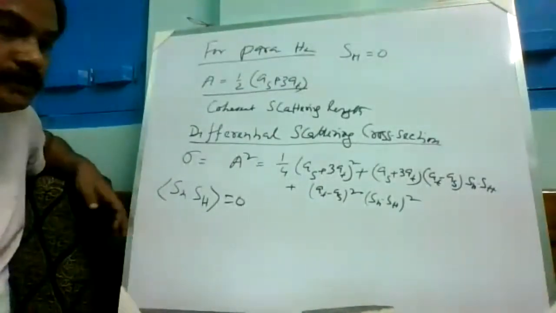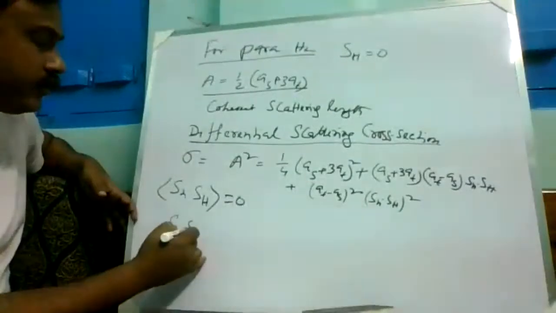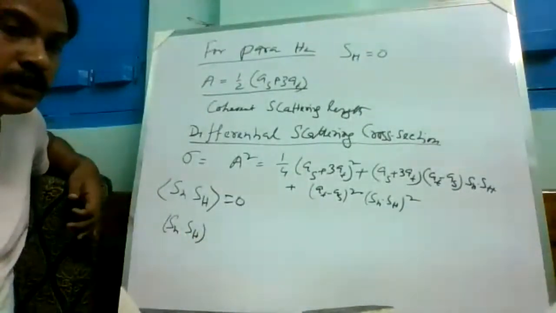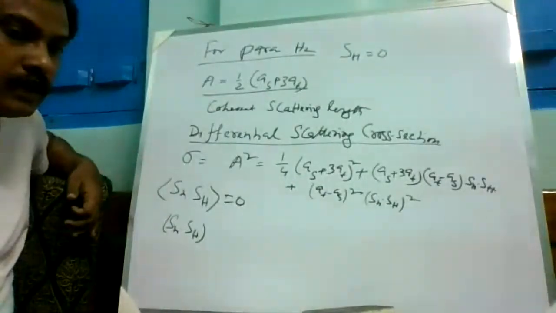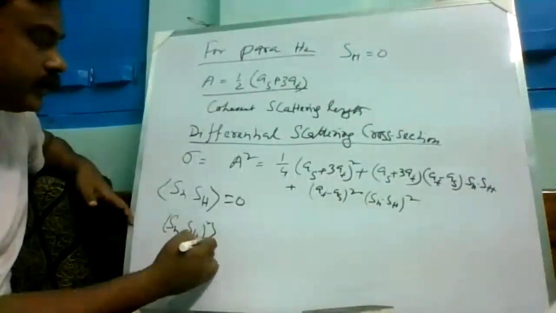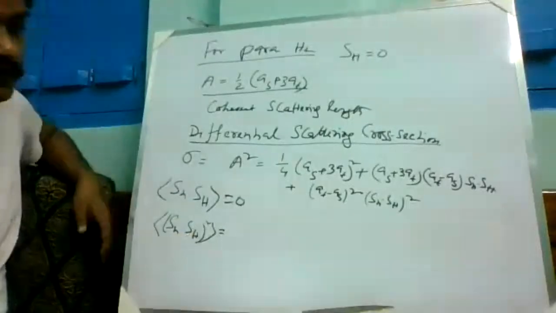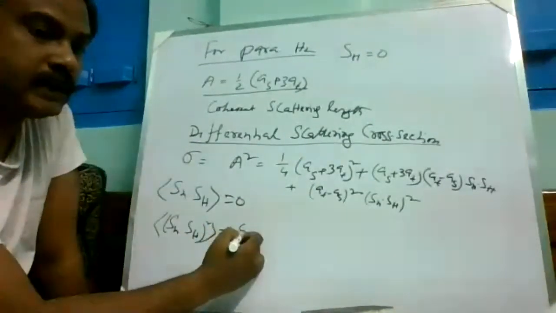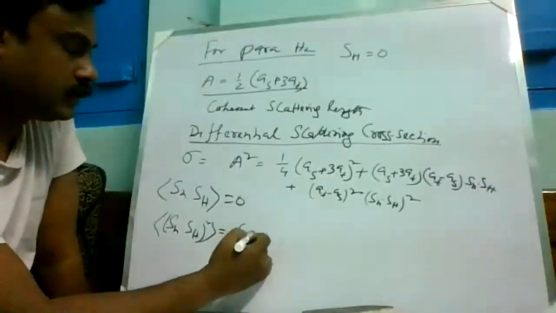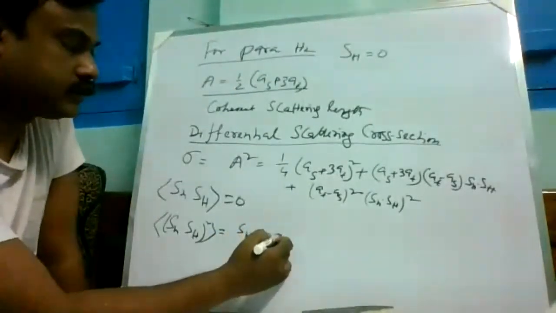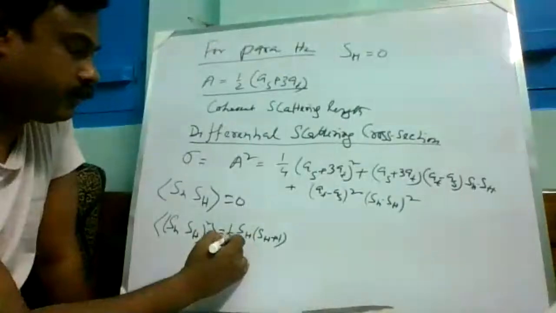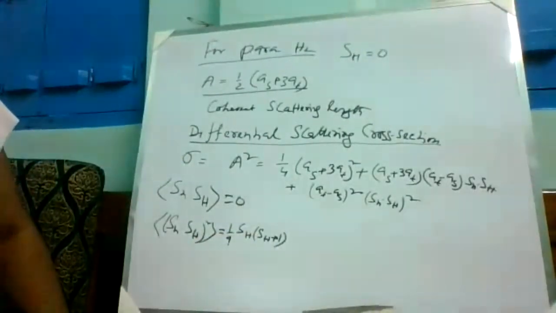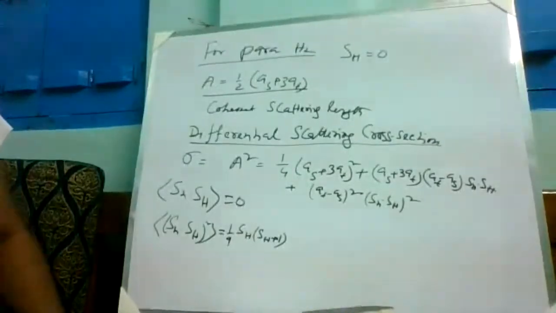So this will be 0. Now take the average of (Sn dot SH) square, and this will come out to be SH into SH plus 1 over 4, similar to the calculation we have made before.